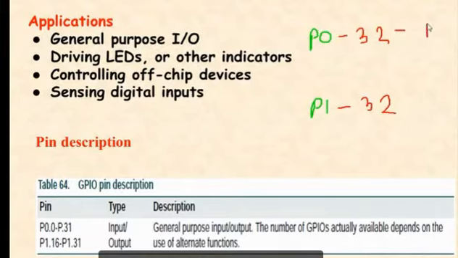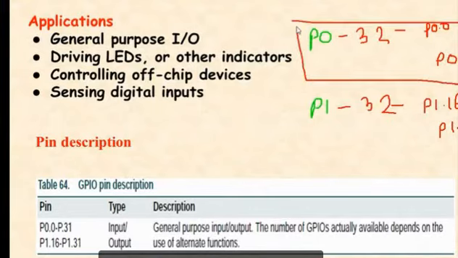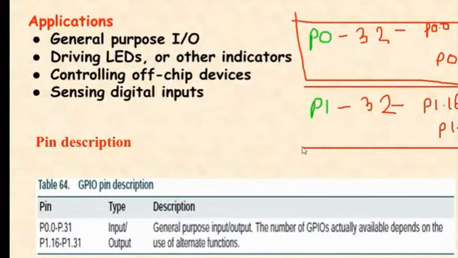This is P0.0 to P0.31, but this is P1.16 to P1.31. Means you can access only 32 and 16, 48.